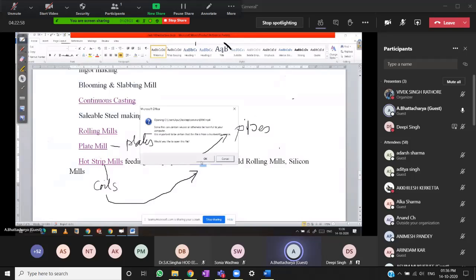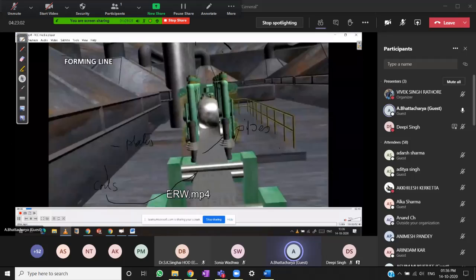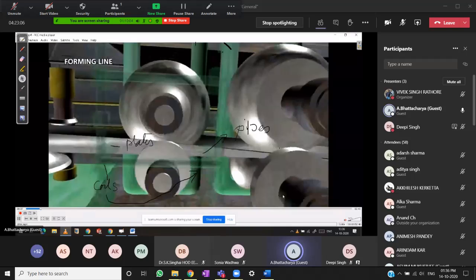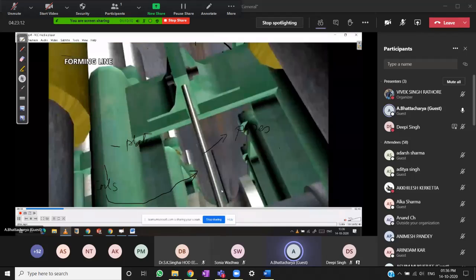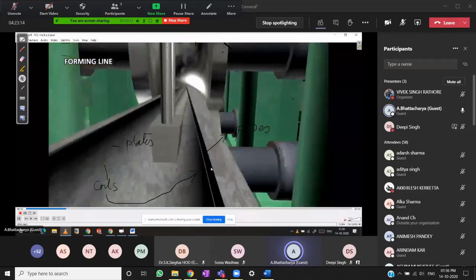Electric resistance welding. So this is the strip coil which has come here. So gradually, see, this pipe is being formed gradually, passing through some forming rolls from all the sides. You can see.